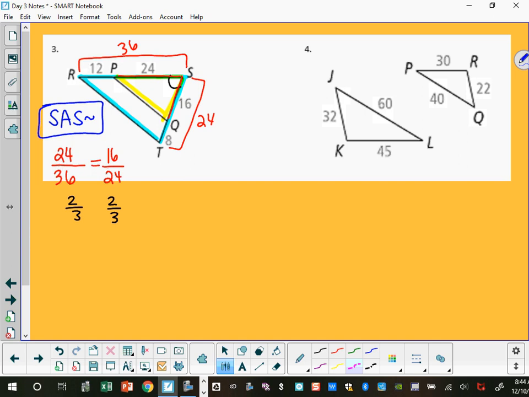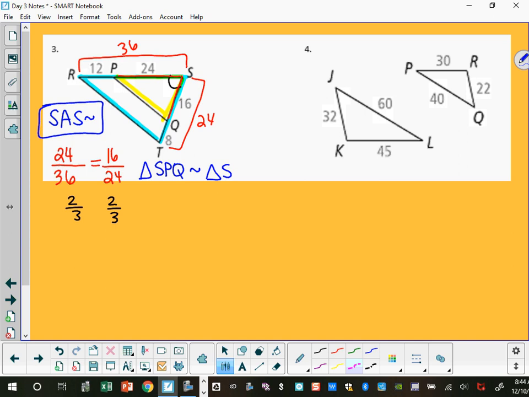If I want to write my similarity statement, triangle SPQ would be similar to what? SPQ is the yellow triangle. Now look at the blue triangle. It starts with S, and what goes next?